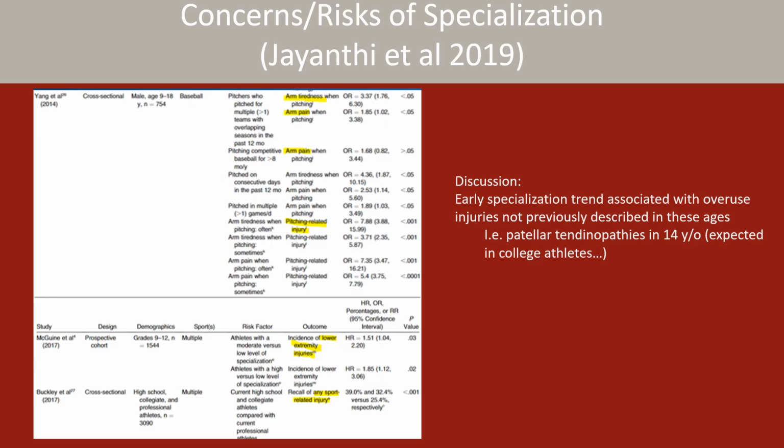Neeru Jayanthi uses the example of patellar tendinopathy, which is an injury now studied commonly and treated commonly in clinic for young teenagers, but it was previously described as rare injuries for adolescents in some articles from the 90s about patellar tendinopathy. This is now a very common one in kids.